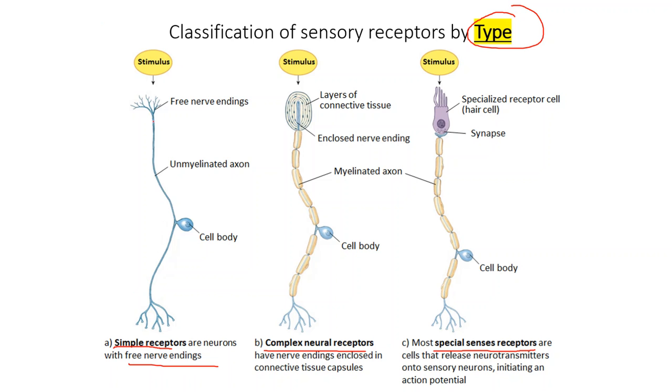Then there are the complex ones. Usually these have nerve endings that are enclosed in connective tissue capsules, as shown here. We have already talked about these two types when we were talking about skin, but I'm going to remind you about those in the next slide.